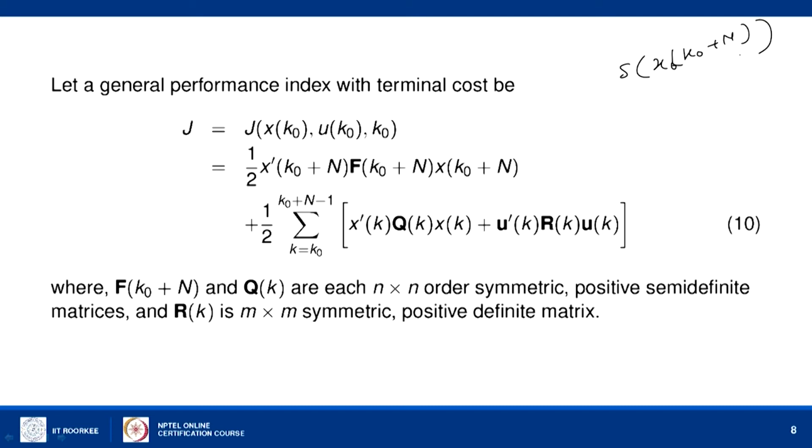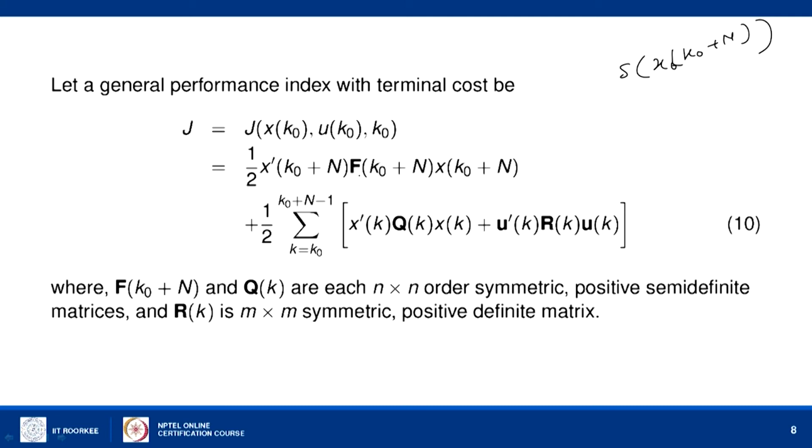Here, instead of a general function, we are considering a linear expression of the function S. S is given by x transpose at the final time into F of k0 plus n into x of k0 plus n. So, k0 plus n is the final instant.